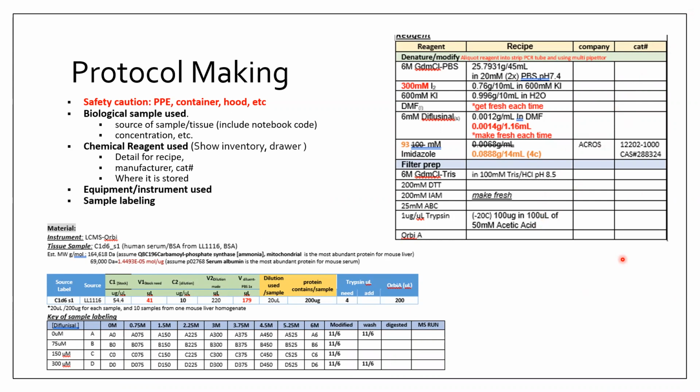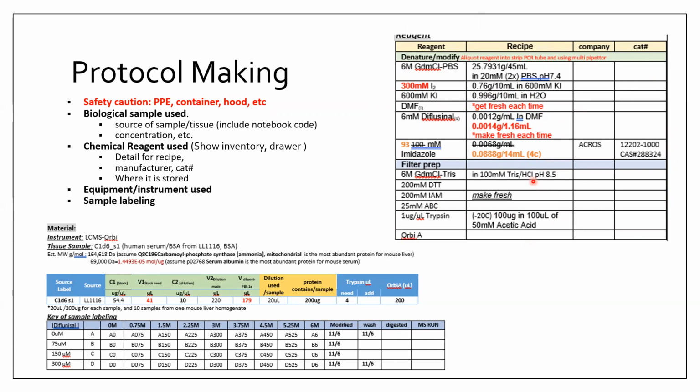Then if somebody wants to follow your protocol, they don't need to hunt for the reagents in the lab. You can also notice it gives some conditions of the solvent, like how it can be stored, and not exactly all the detail, but for the reagent you also need to know what container it can be safely stored in. Okay.